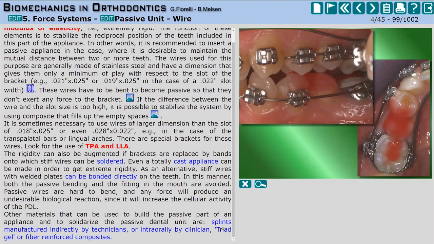In fact, I didn't even have to place a bracket here, and I could even have no bracket on the first premolar. I needed to work between those two brackets here. But now this group of teeth is a unit.